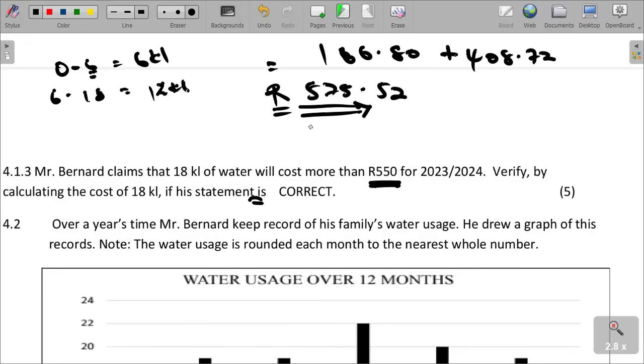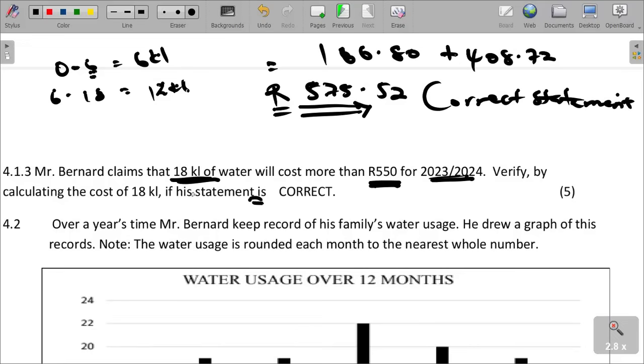According to the answer that we get, it is 575 rand 52 cents, more than 550 for 2023-2024. So the statement is correct, class, because we are given the claim that 18 liters of water will cost more than 550, and when we calculate that, we are getting 575 rand 52 cents.